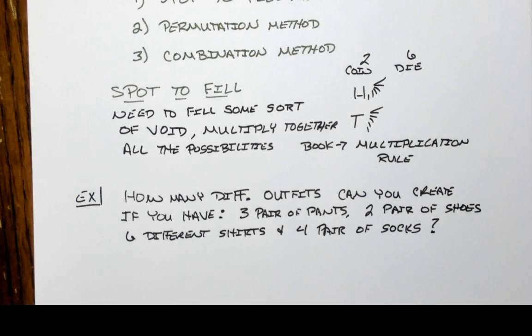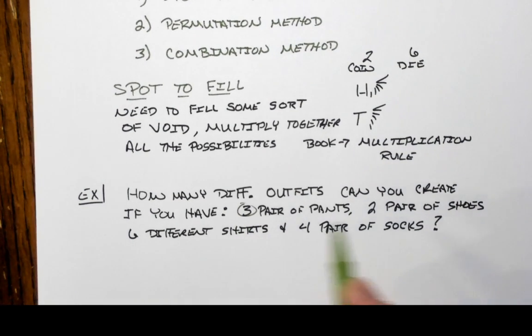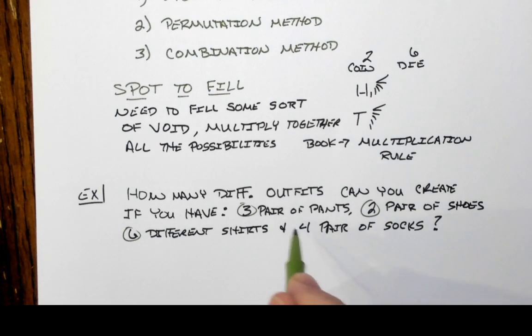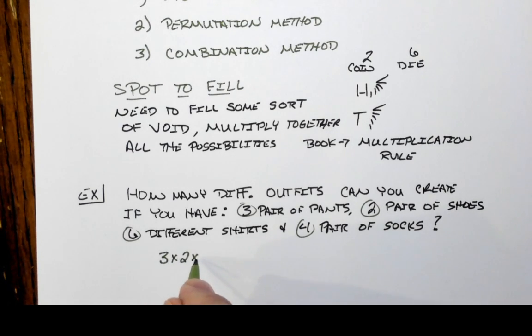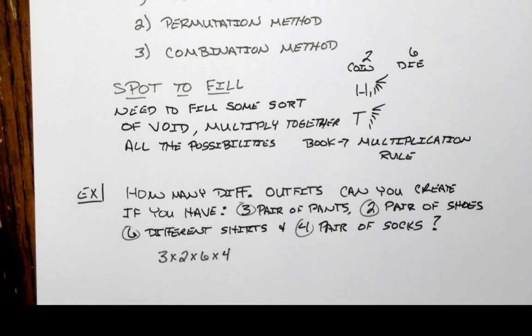Well, look at all your possibilities that could happen. All these things are going to fill our void. We've got 3 pair of pants, 2 pair of shoes, 6 different shirts, and 4 pair of socks, and we're multiplying all these things together.